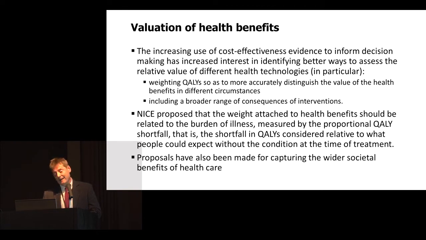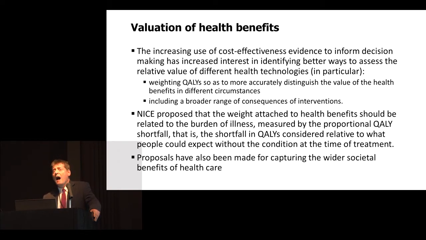NICE in England, the National Institute for Health and Care Excellence, did in fact propose that you might weight according to the burden of illness, and their candidate measure for burden of illness was proportional QALY loss. In other words, you'd look at the QALYs that this patient group were losing compared to individuals of the same age and gender who didn't have that condition, and you look at the proportion of QALYs they're losing.